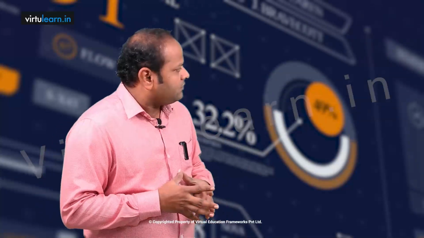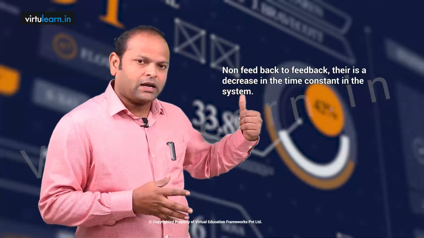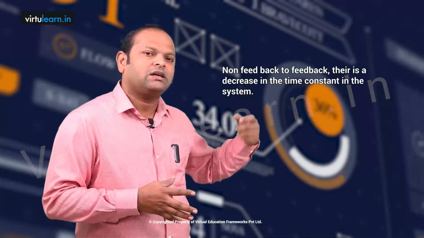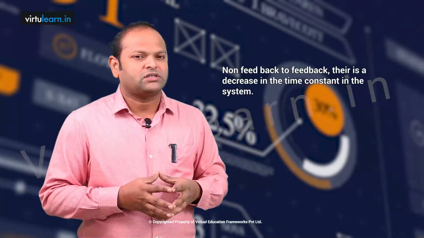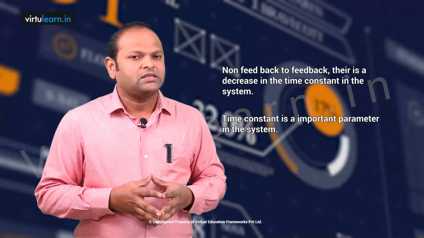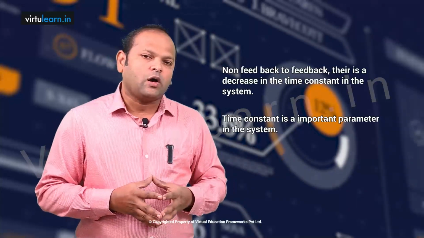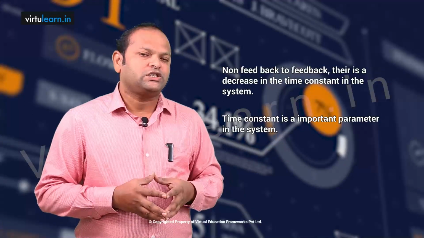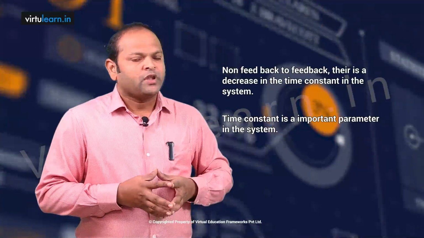So again, going from non-feedback to feedback, we have a decrease in the time constant of the system. We know the time constant is a very important parameter in any system, which tells us how fast the system reaches the steady state value. Now we can look at the pole locations.